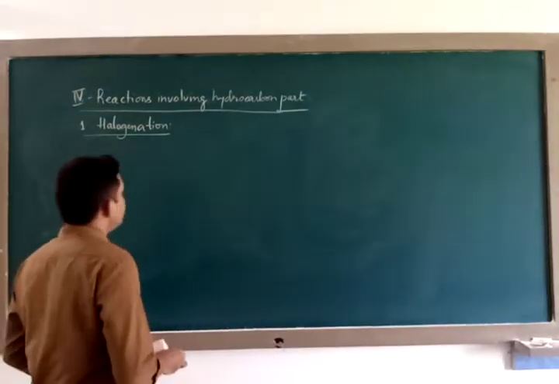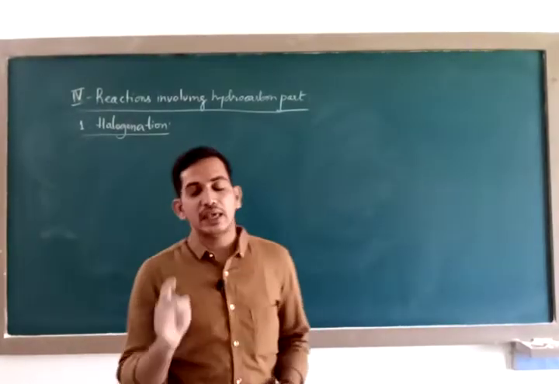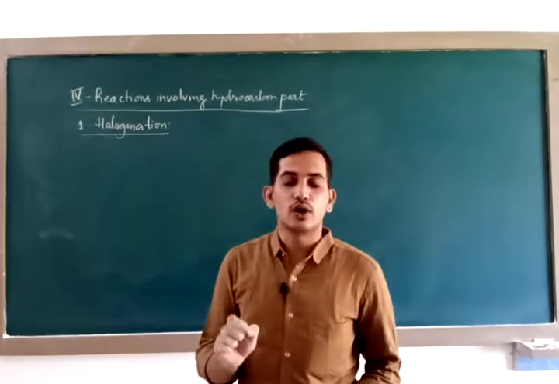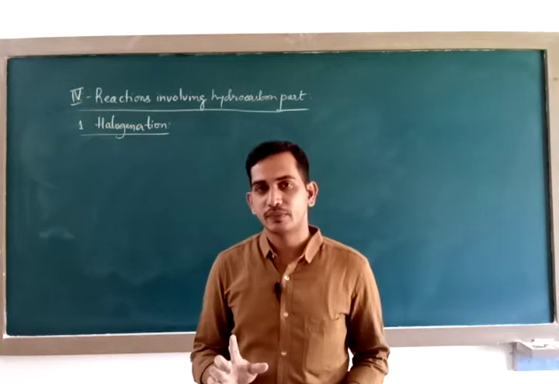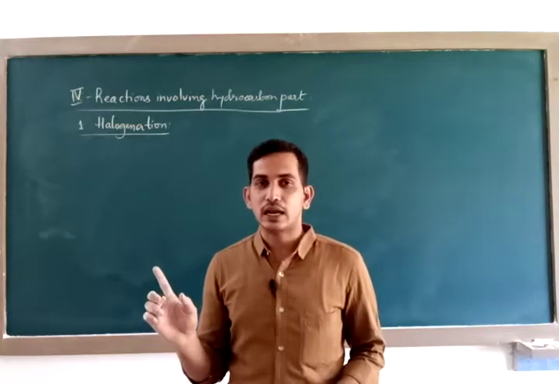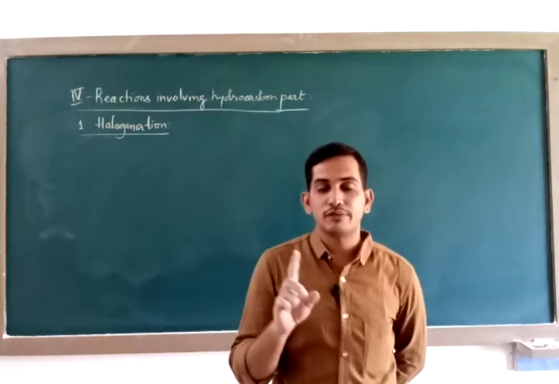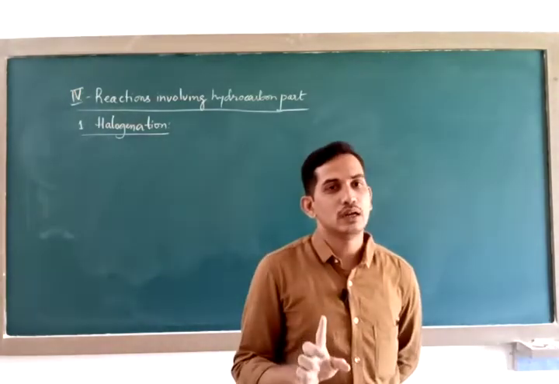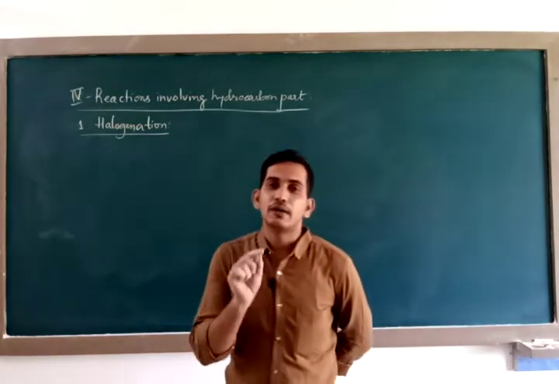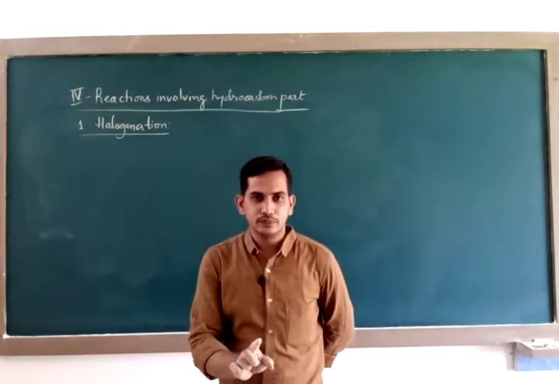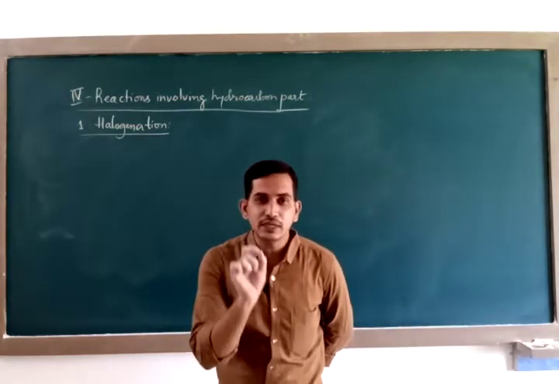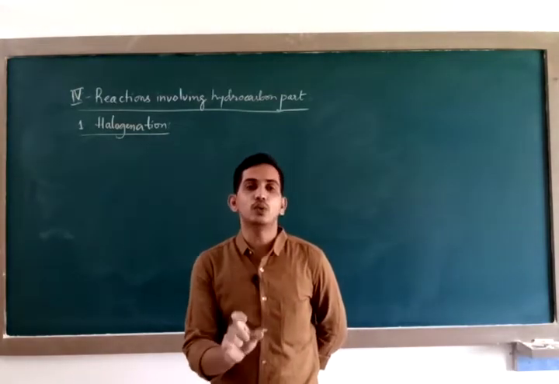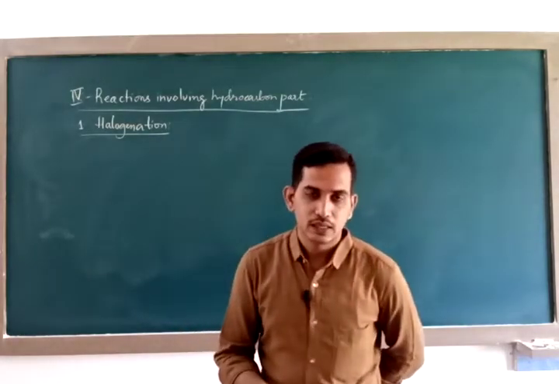Now, for halogenation, you need any carboxylic acid which has got alpha hydrogen in it. Go back to the nomenclature class. What is alpha hydrogen? Alpha hydrogen is the hydrogen which is attached to alpha carbon. What is alpha carbon? Alpha carbon is any carbon which is attached immediately adjacent to carboxyl group.